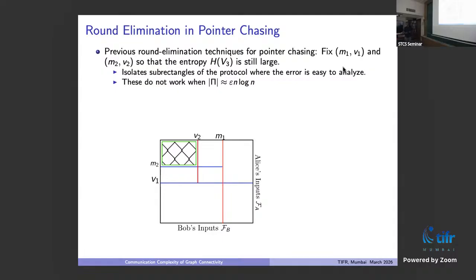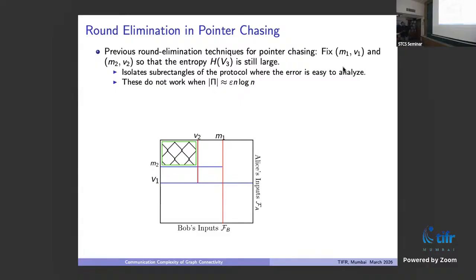You fix a message M1 and a good V1, so that the entropy of V2 is large. Then you fix a second message and a second vertex, such that the entropy of V3 is large. And this process goes on until at the end of k rounds, you want to show that the entropy of Vk is large, and therefore Bob cannot figure out what Vk is. So Alice cannot figure out what Vk is.